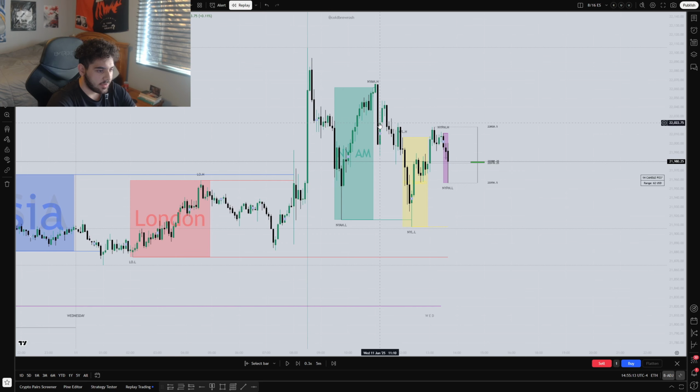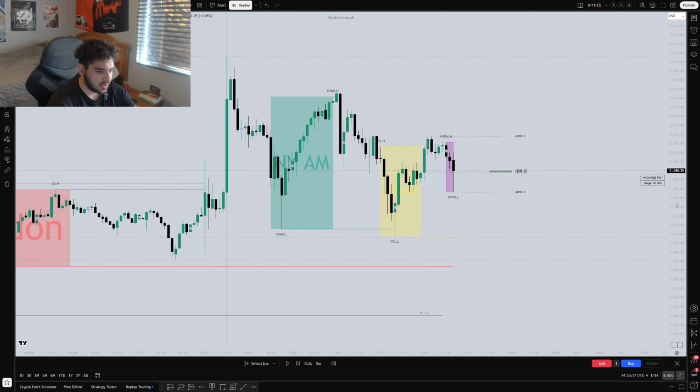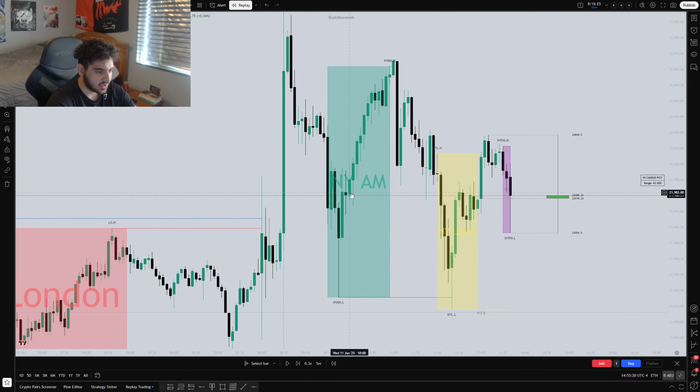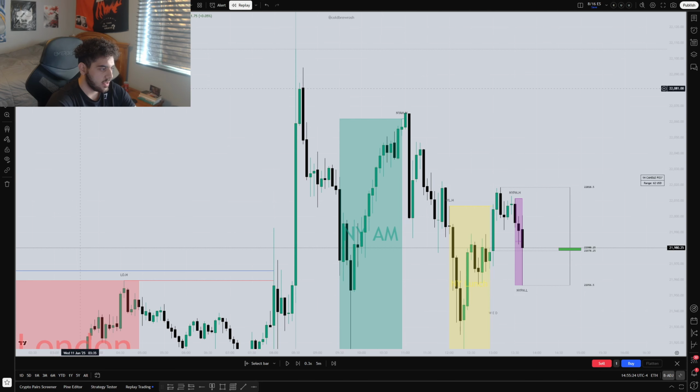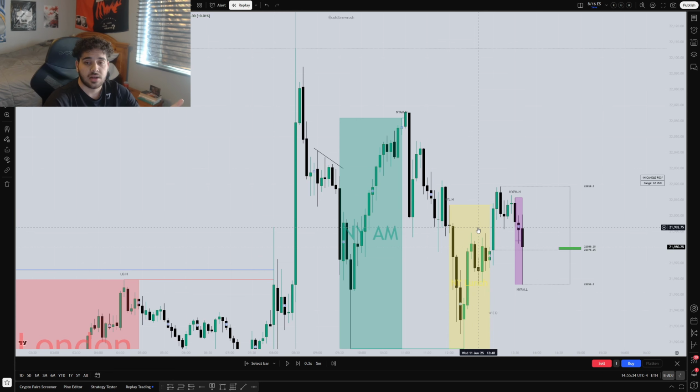Looking back at what I could have done differently, I was trying to take some shorts in here, really low size. What I would have done is waited for some of this buy side to get taken out, and then see if I could position myself up here to take shorts. However, that's just not how it went.